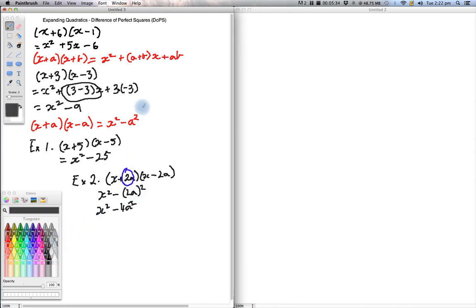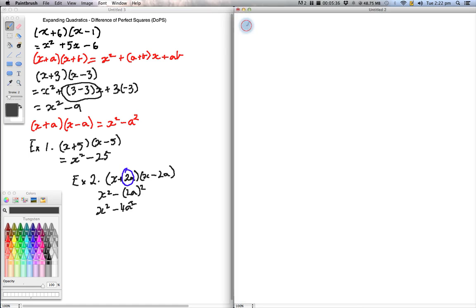Let's look at another example. Example 3. What if we had (2x - 4)(2x + 4)? Instead of just x, we've now got 2x on both of these.